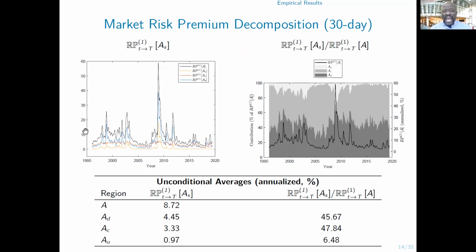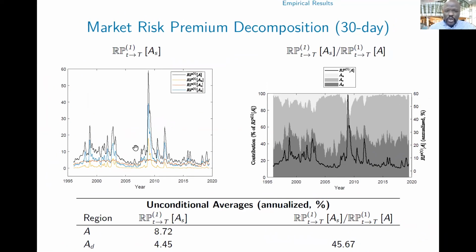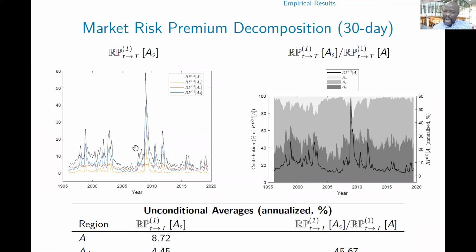You also have other lines in the left panel, which are components of the decomposition of the risk premium over time. RP1 is the yellow one, and it represents the right tail. The red one represents the center, and the blue one represents the left tail of the distribution. What we can learn from the left-hand side graph, again, on the x-axis, you have the date.